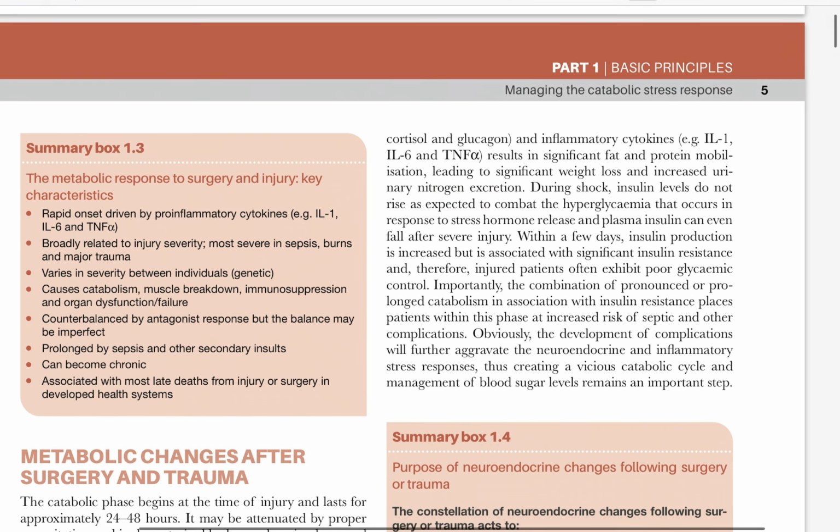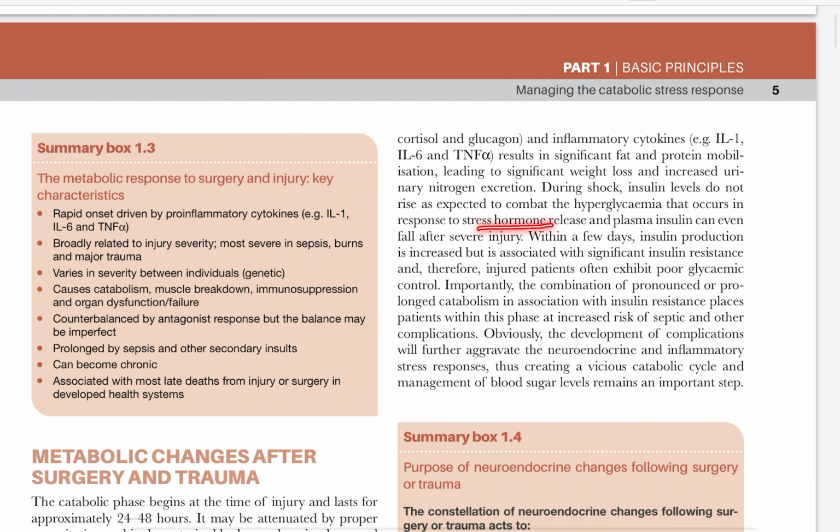During shock, insulin levels do not rise as expected to combat the hyperglycemia that occurs in response to stress hormone release, and plasma insulin can even fall after severe injury.